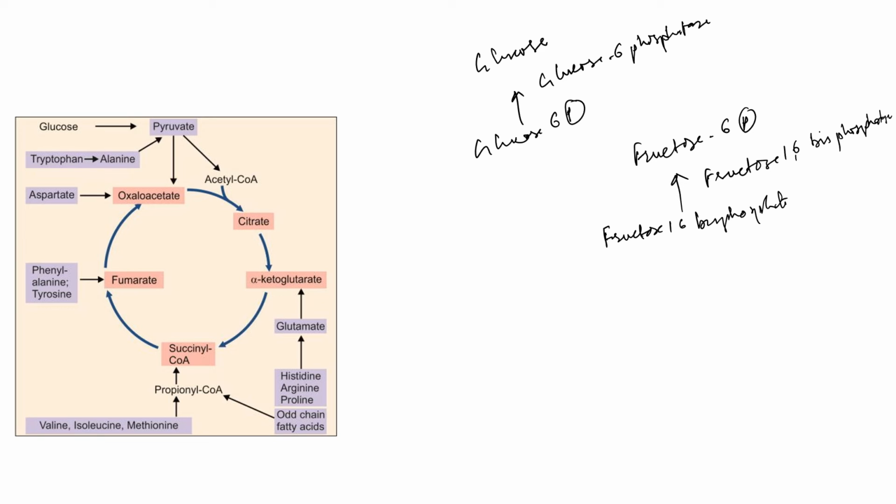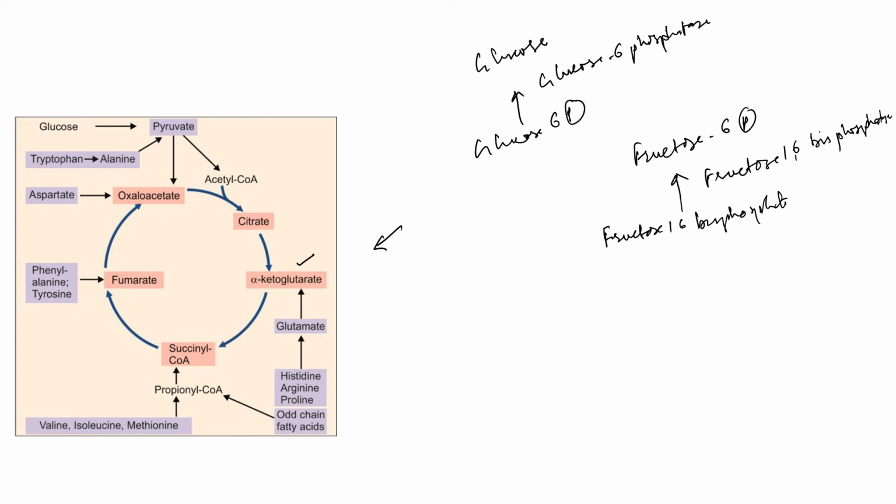If you see the left side of this slide, I have given here how different amino acids can be converted into TCA cycle intermediates, like alpha-ketoglutarate, and how valine, isoleucine, and methionine are converted into succinyl CoA. Phenylalanine and tyrosine can be converted to fumarate, and aspartate can be converted to oxaloacetate.